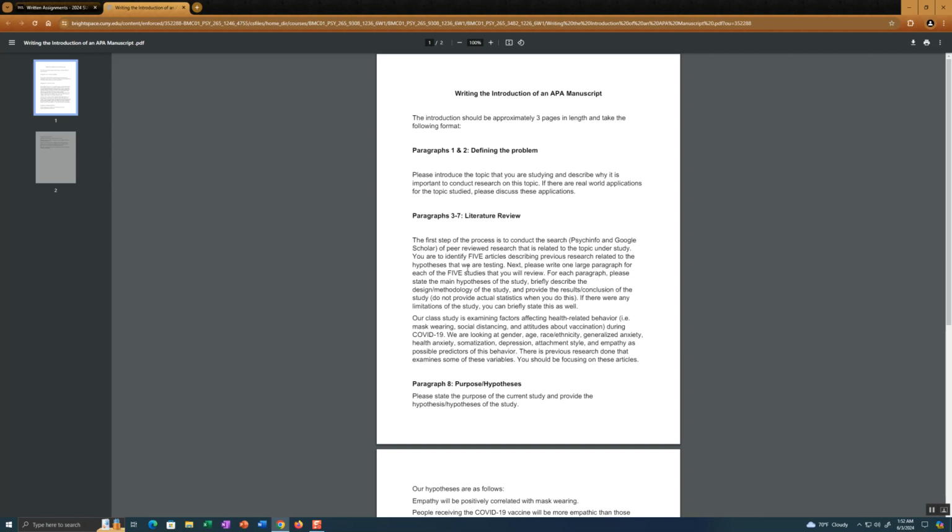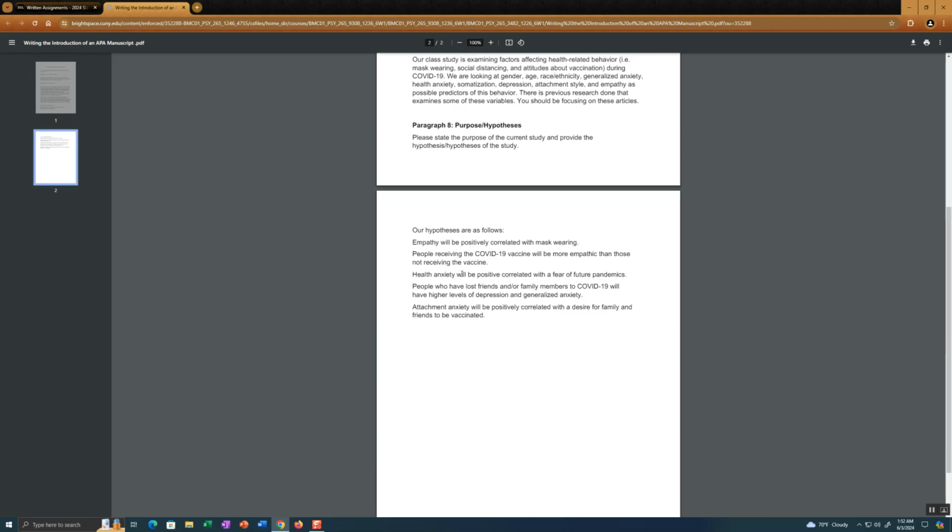So once again, first two paragraphs: what is COVID basically? Why is it important to study? Those are two paragraphs. Do you have to cite these first two paragraphs? You don't have to. But you do have to cite 3 through 7. So paragraph 3 will be one article that corresponds to hypothesis 1 here.